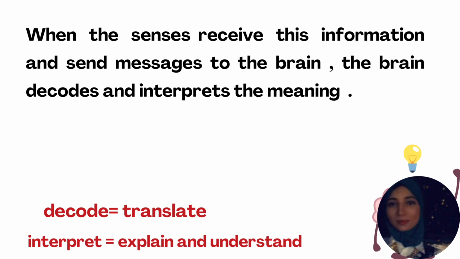So here the brain translates and understands the meaning, so we realize this information. We know what this information is. So the senses receive the information from the world around us and send these messages to the brain through the nerves. The brain processes this information, decodes this information, interprets, and gives us the meaning, okay?